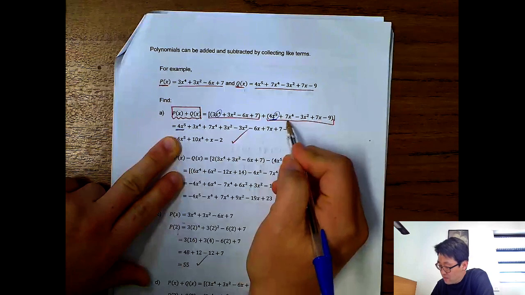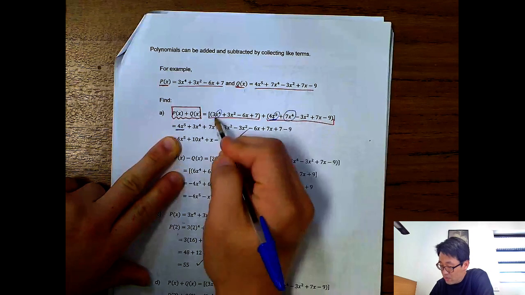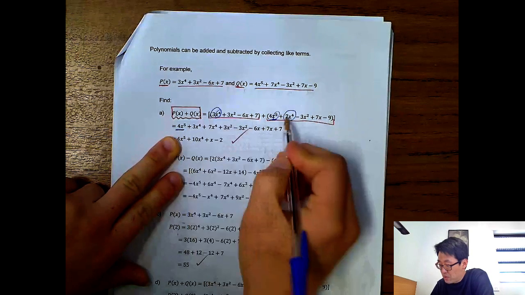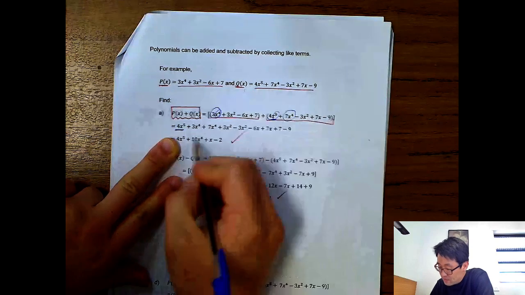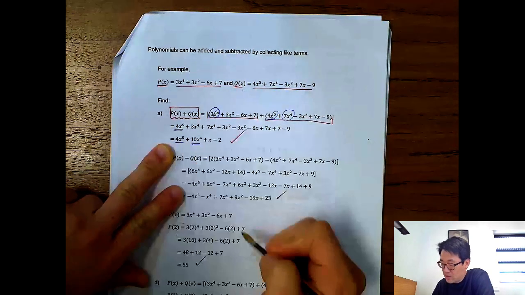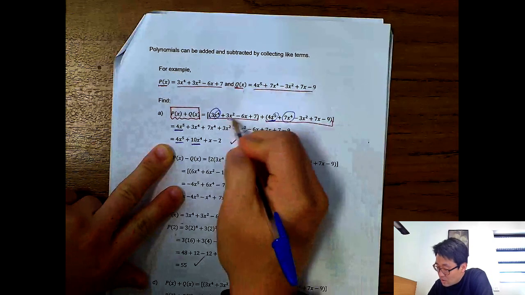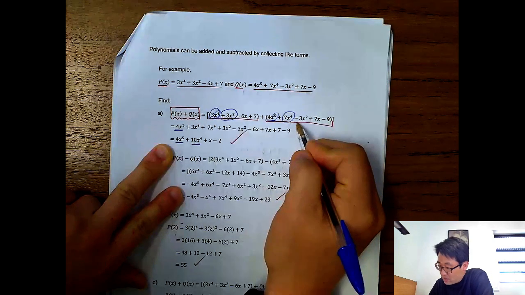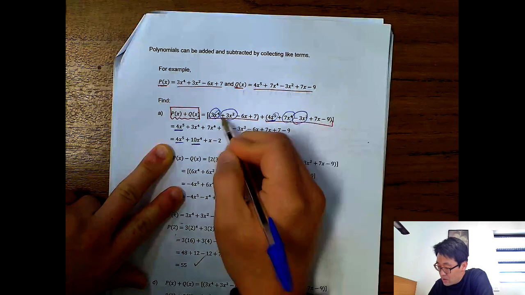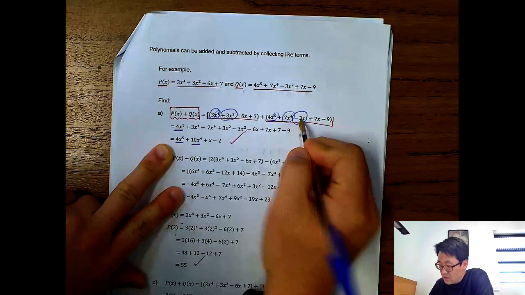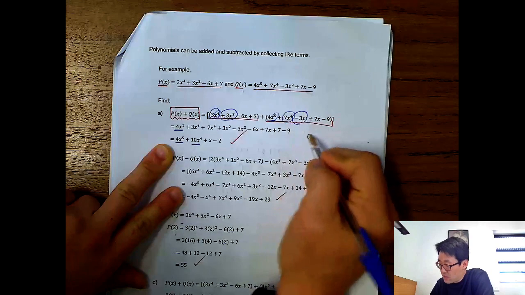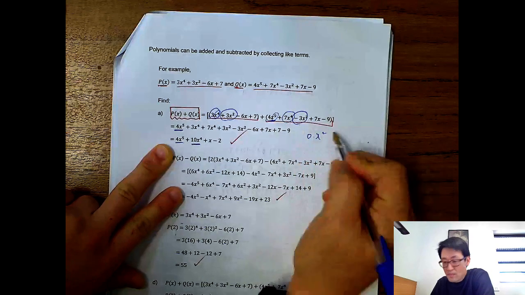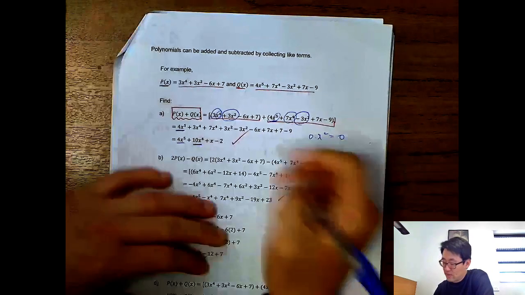Next, power 4, 3 plus 7, 10x to the 4. Square, I can't find cube, only square there, 3 minus 3, 0, 0 times x squared, it's gone.